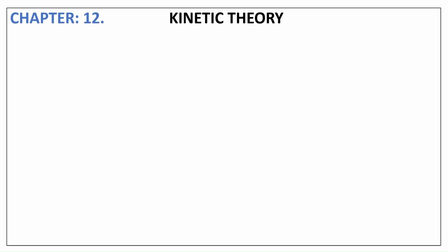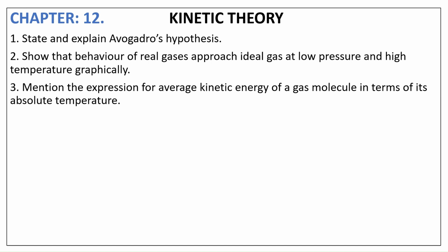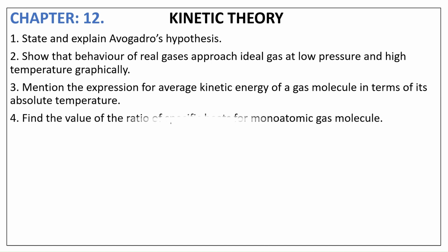Next. Chapter 12. Kinetic theory. 1. State and explain Avogadro's hypothesis. 2. Show that behavior of real gases approach ideal gas at low pressure and high temperature graphically. 3. Mention the expression for average kinetic energy of a gas molecule in terms of its absolute temperature. 4.